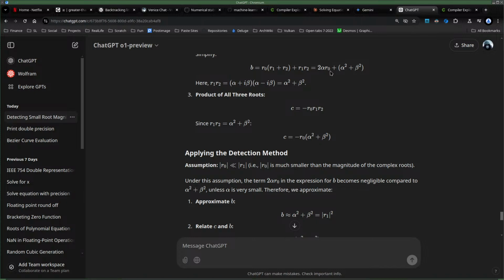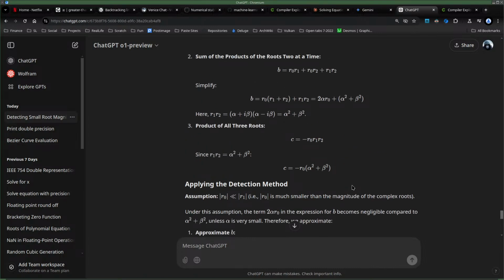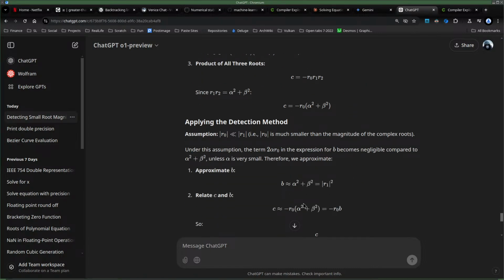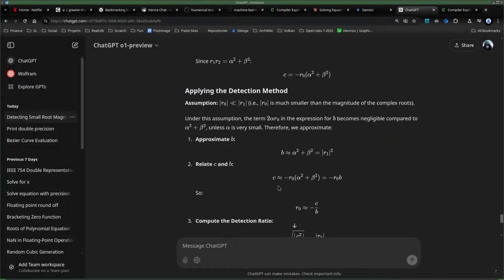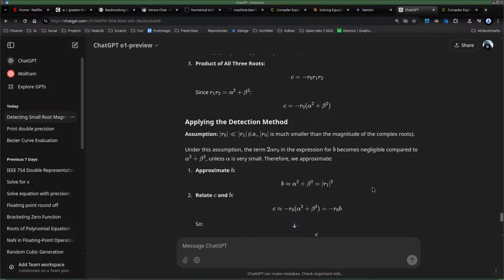So if the absolute value of R0 is much smaller than the absolute value of the other roots, then this can be neglected. And B becomes more or less the length of the complex roots, well, the square of that. Let's do C and B. C is more or less, it's not more or less, it's exact.